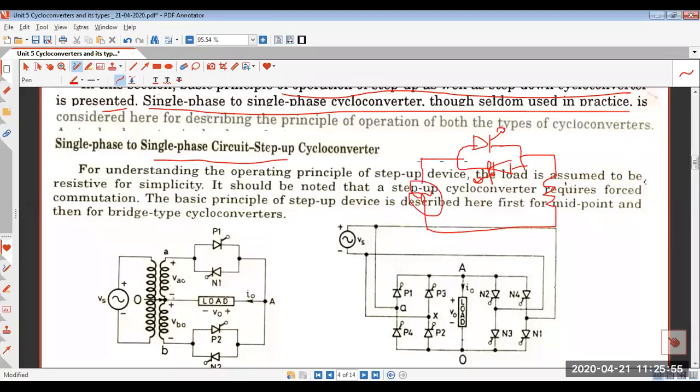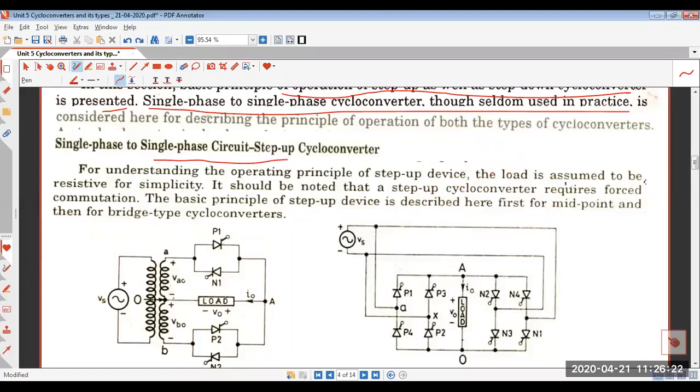But out of these two SCRs, only one SCR will work at a time. For one half cycle, one SCR will work, and for the next half cycle, the next SCR will work, whichever is forward biased, right? But here, in the case of cycloconverters, more SCRs are used simultaneously.